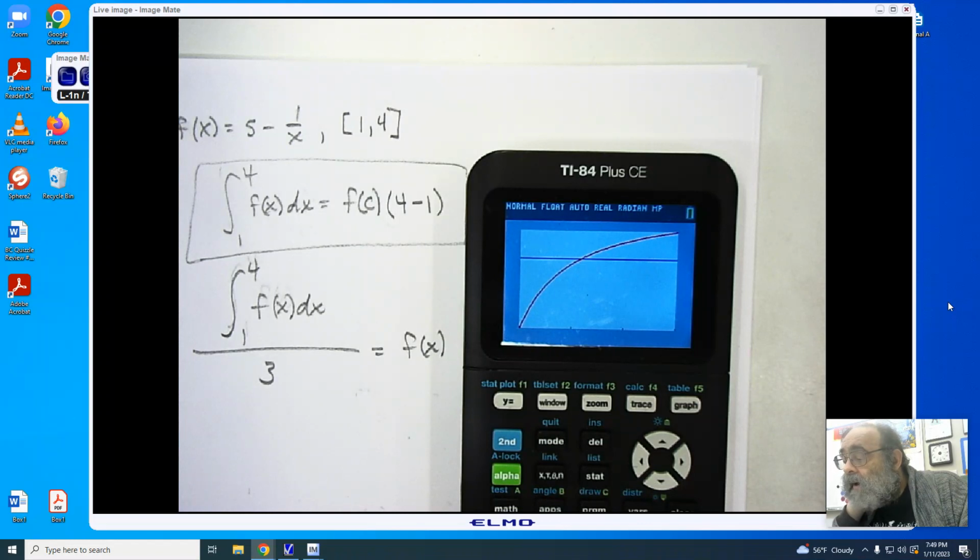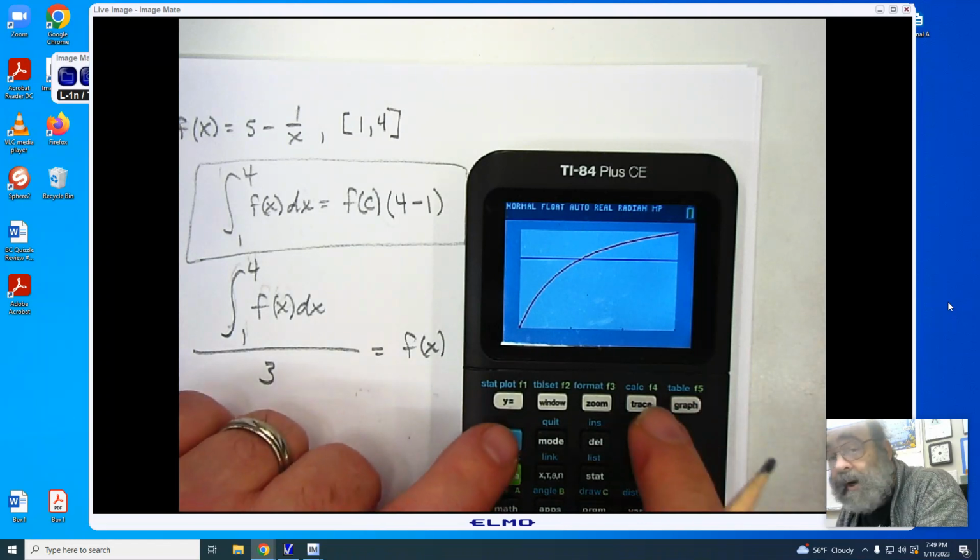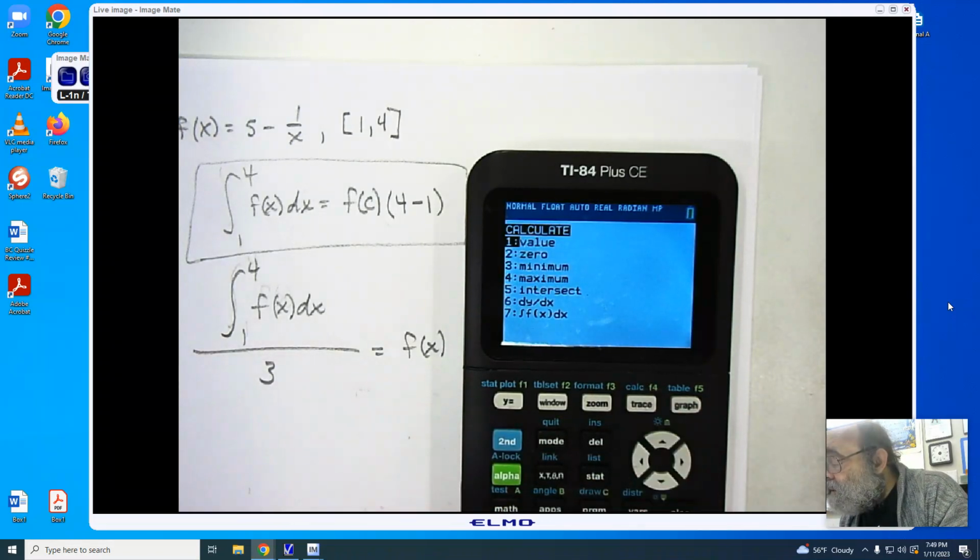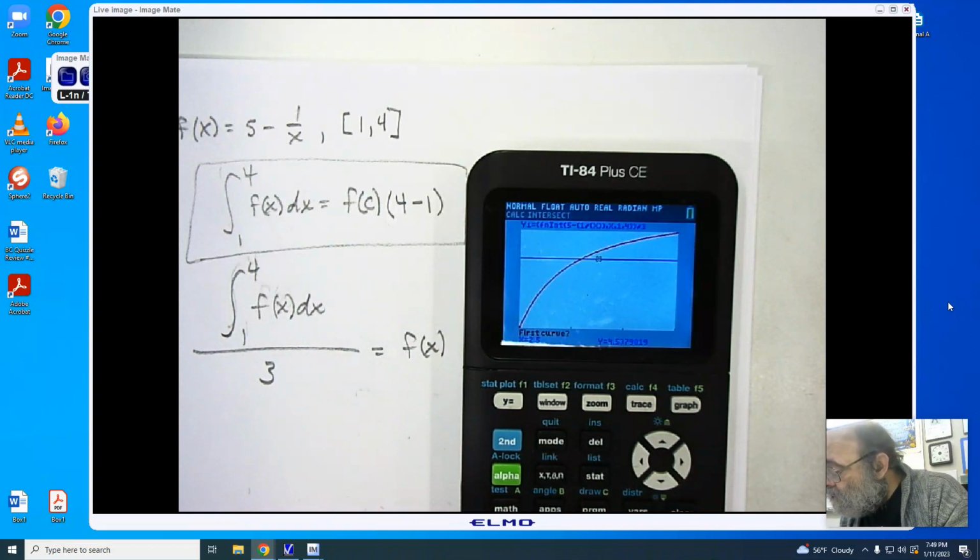There's the value I'm looking for. Now I'm going to hit second trace, intersection 5, enter, enter, enter. The value we get is 2.164. So 2.164 is my answer.